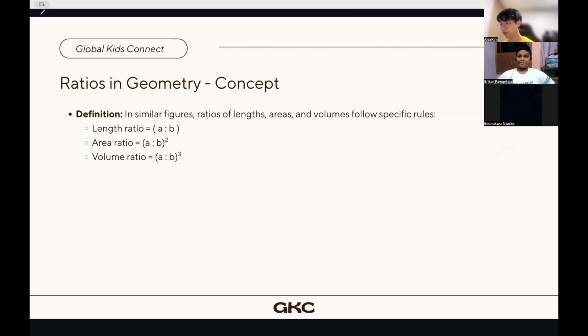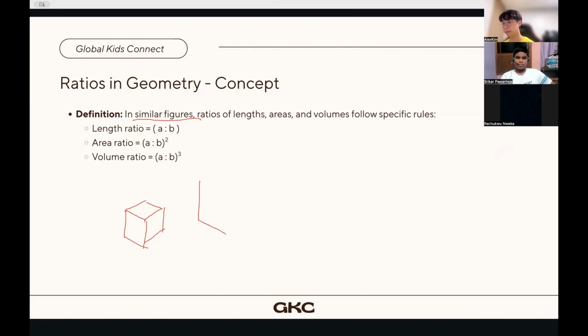The definition is in similar figures. What I mean by similar figures are geometrical shapes which have the same or similar shape. If we get a cube, for example, each side of a cube has the same length.